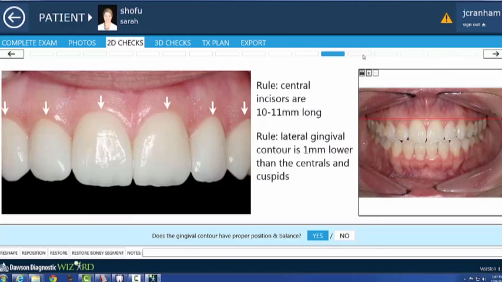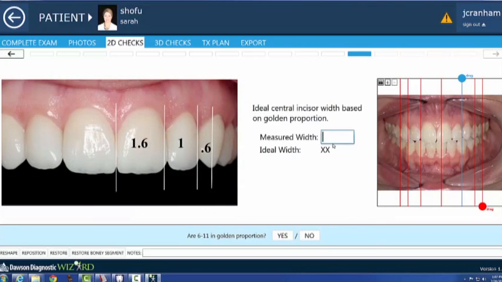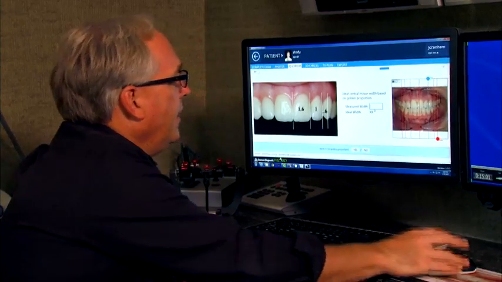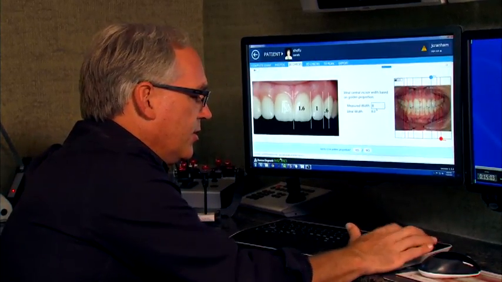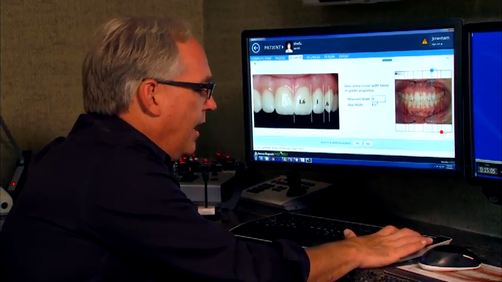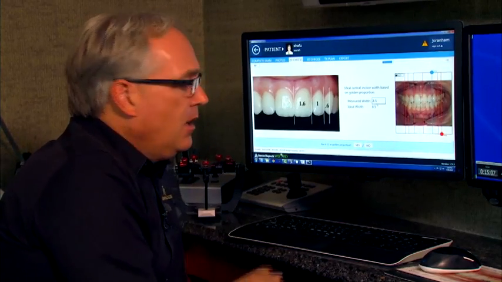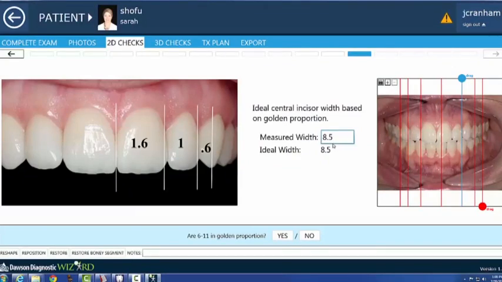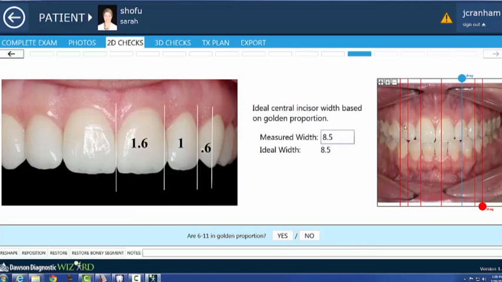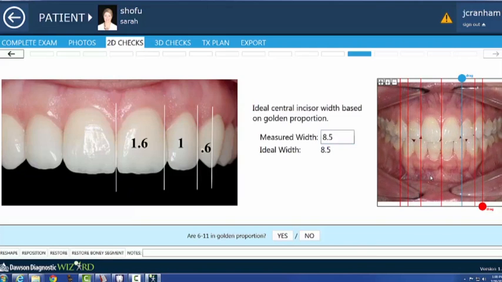Okay, so now we're getting really detailed and getting into the position of being able to specifically measure teeth. One of the measurements we took on Sarah clinically was the width of her central incisor, and that's something we need to put in. Her central incisor was 8.5 millimeters wide. And so what we're going to do is get a little closer. I'm going to center my picture so that the center red line is dead in the middle of the embrasure between the centrals.